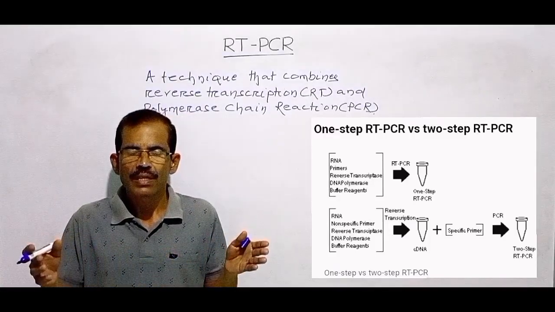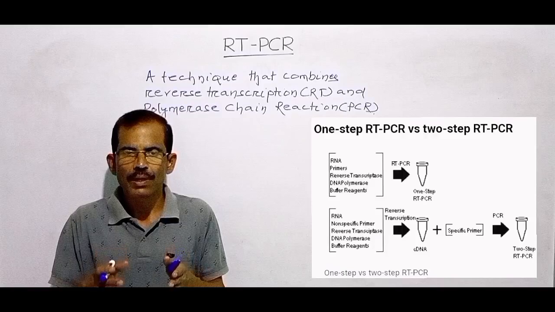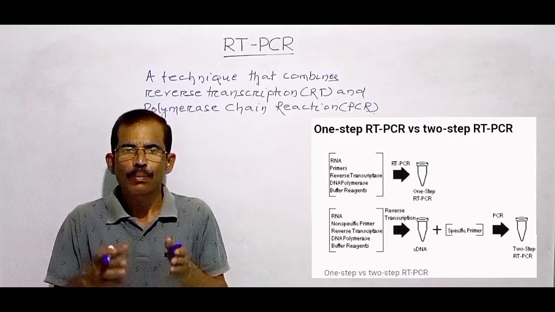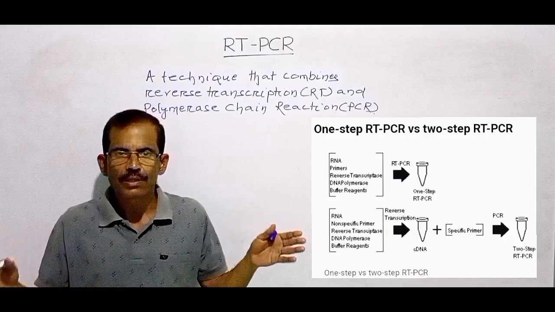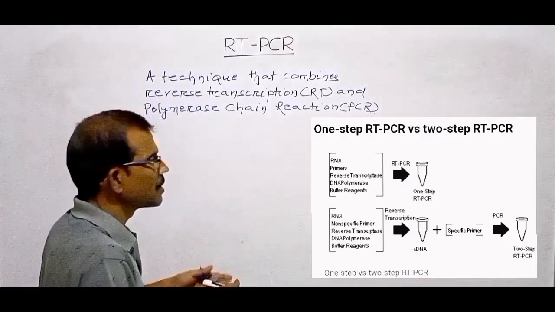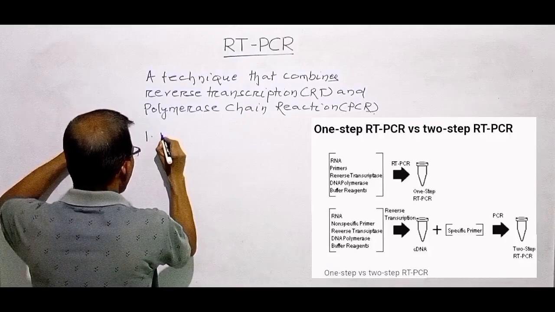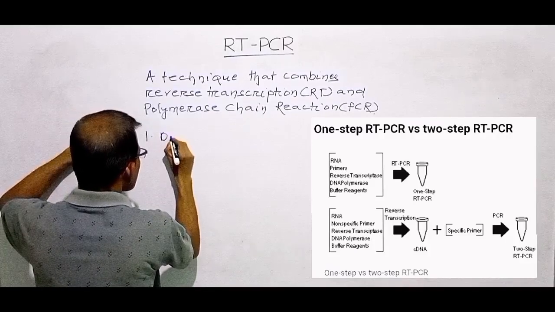Based on whether reverse transcription and polymerase chain reaction are carried out in the same or in separate reaction tubes, RT-PCR is divided into two types.